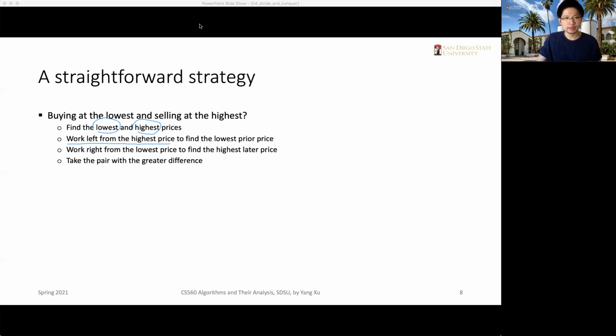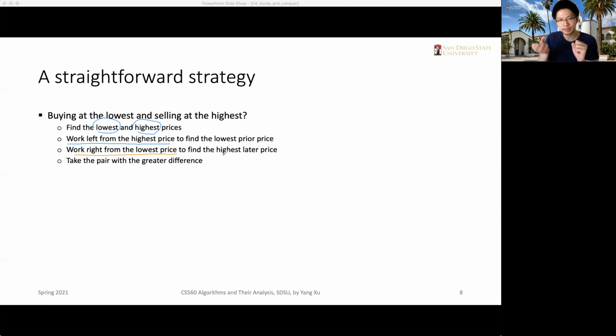And the other way is that we work on the right side of the lowest price, okay? And we want to find the highest later points, right? Because if we choose to buy in at the lowest price point, then we must sell it at a later stage, right?